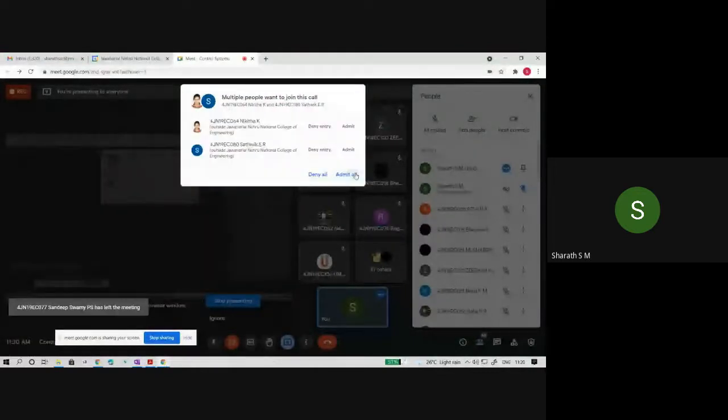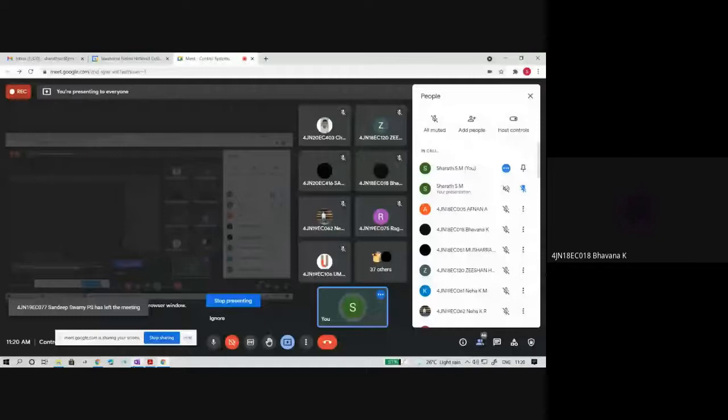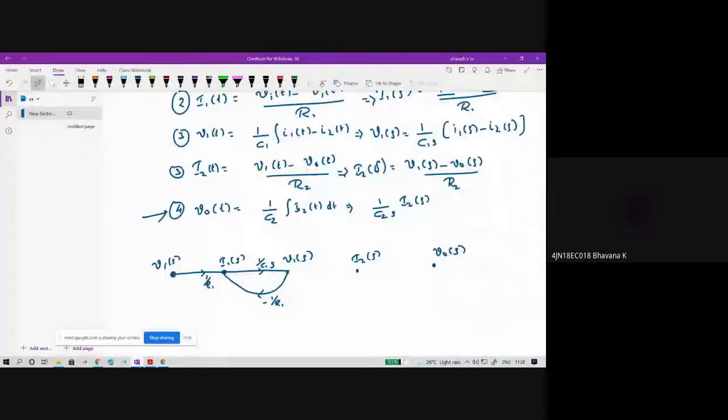Bhavana? Yes, sir. What about this minus I2, how to write down this I2 by C1? Sir, feedback. Yeah, minus, feedback. So write it down as a feedback path. That is minus 1 over C1s.